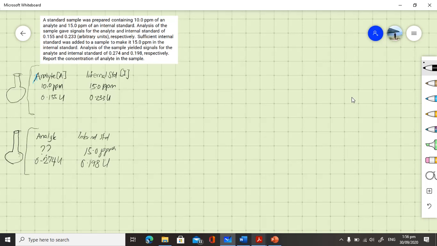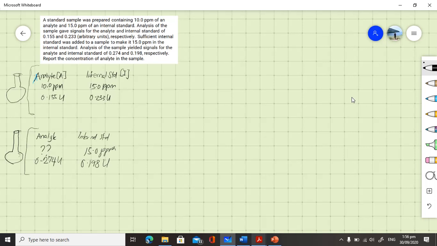Okay? So, the advantage of your internal standard is that since your analyte and your internal standard are similar, they are both affected by the noise of the instrument, the errors of the instrument, right? Because there are errors that you cannot avoid.